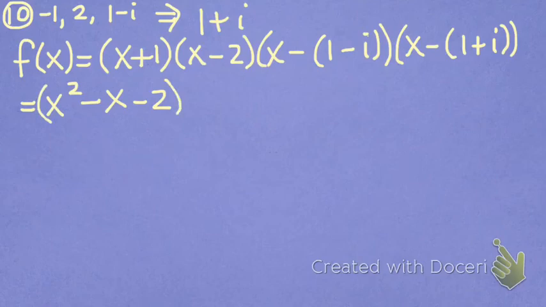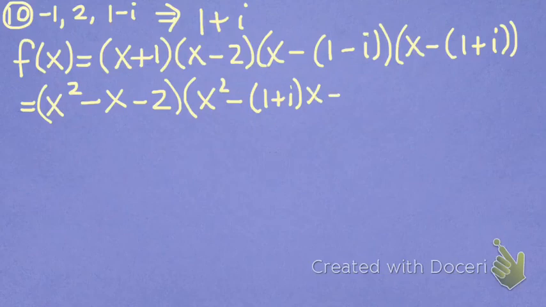So we're going to come down and do the same thing, a little uglier with the complex numbers involved, but no big deal. So we multiply x times x and we get x squared. We multiply x times minus 1 plus i, so that's minus 1 plus i x, minus 1 minus i x for our inner product.